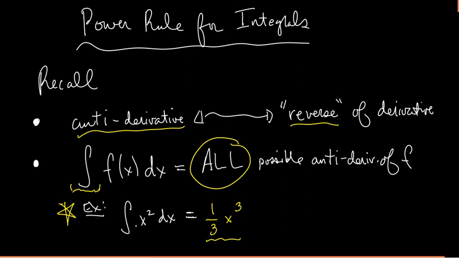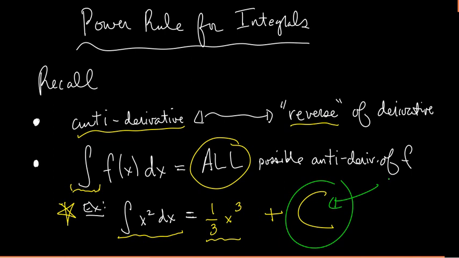So if you want to find the integral of x squared dx, what you get is 1/3 x cubed plus a constant c, and that constant c represents any number. And remember, that number was called the constant of integration.